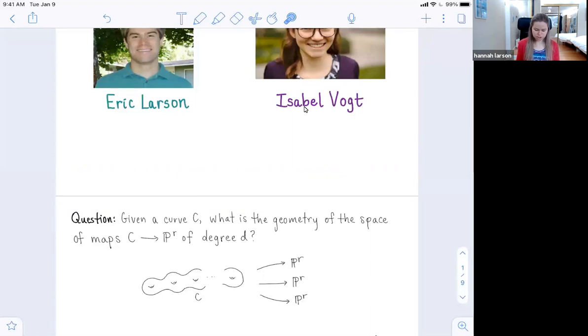And when we ask this question, it's natural to fix some of the discrete invariants in the problem. So there's R, the dimension of the target projective space, and D, the degree of this map. And then we can ask, what's the geometry of the space of all such maps with these invariants?